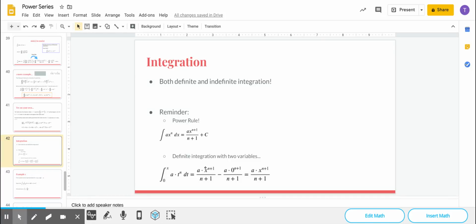So the definite integration that we'll work with, and I do want to make this reminder, is what happens when we have a variable bound, right? So one of the bounds, typically the upper bound, is a variable. In this case, it's going to be x. Well, inside of the integral can't be the same variable, right? So typically we use a t there. If you want to think back to the fundamental theorem of calculus, right, where we did the derivative of the integral from 0 to x of f of t dt, we just replaced the inside variable with a t instead of an x, so that in the end, I was left with f of x, right?